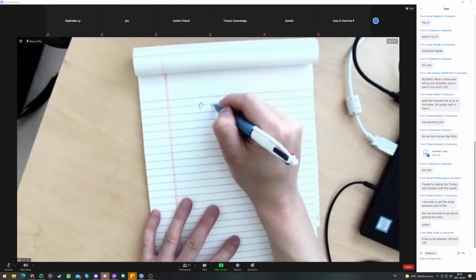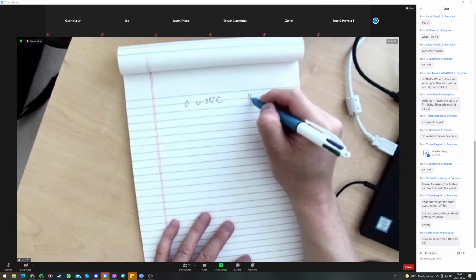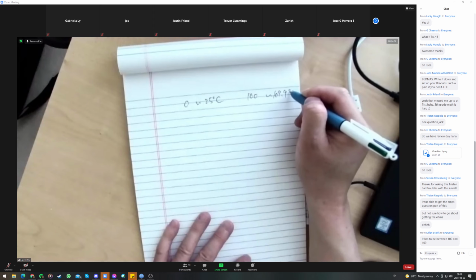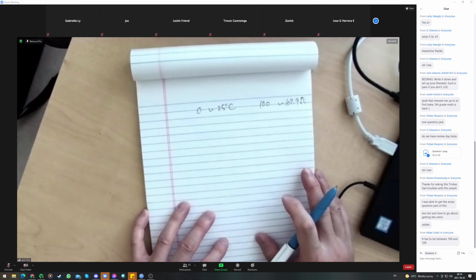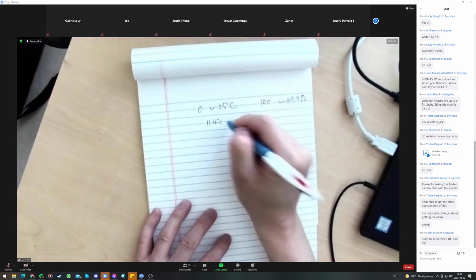So 0 to 25 degrees will be one side, and 100 to 109.9 ohms will be my second part, and they want you to find 11.4 degrees.